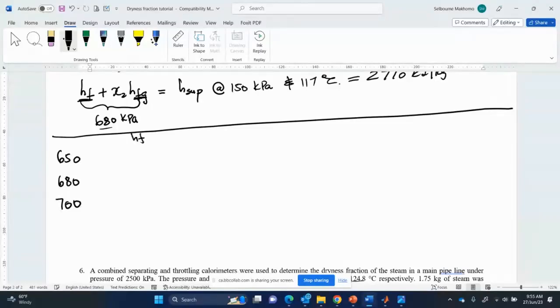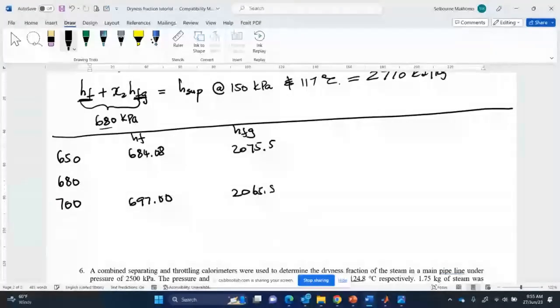So HF is 684.08, and then the 700, 697.00, and HFG is 2075.5, and then we have 2065.8.